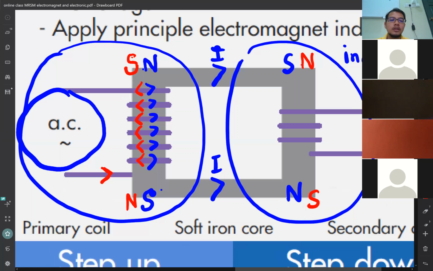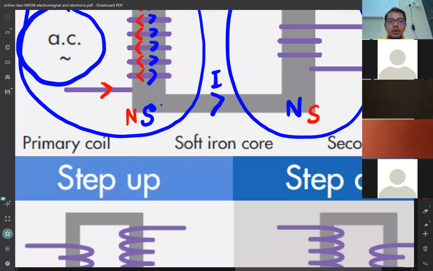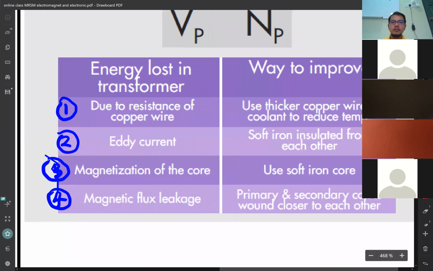Okay, so this is for your understanding. It will not come out in the exam. You need to know that when there's an eddy current, energy is lost. So to make sure the energy does not get lost, what you need to do is use soft iron insulated from each other.